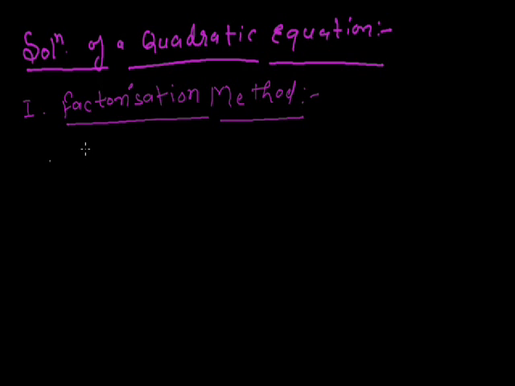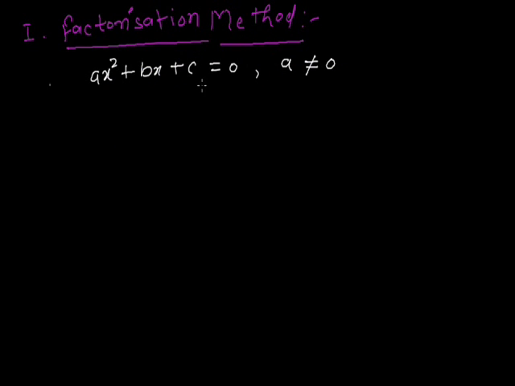Let our standard form of quadratic equation be ax square plus bx plus c equal to 0, where a not equal to 0, and let ax plus b and cx plus d be the two factors of the polynomial ax square plus bx plus c.